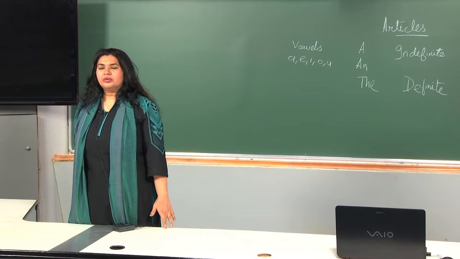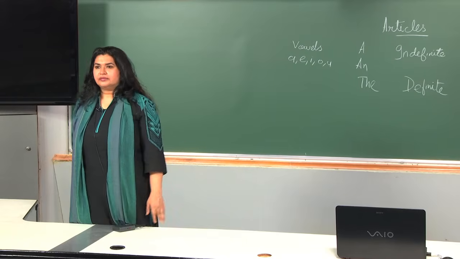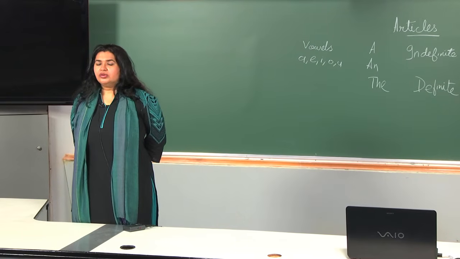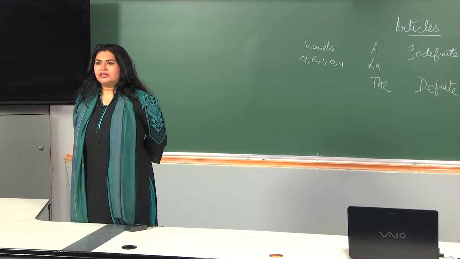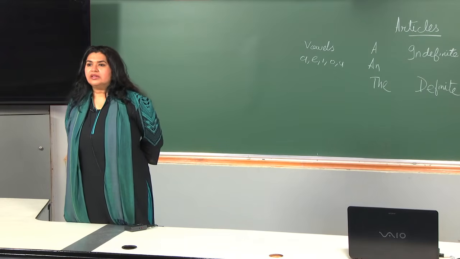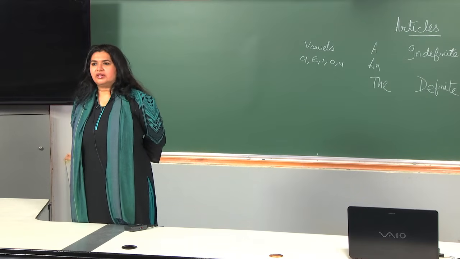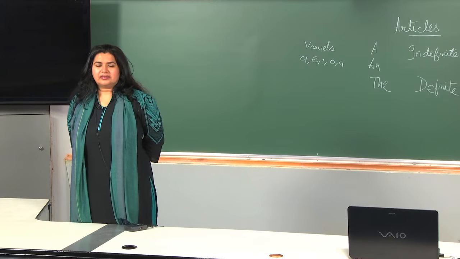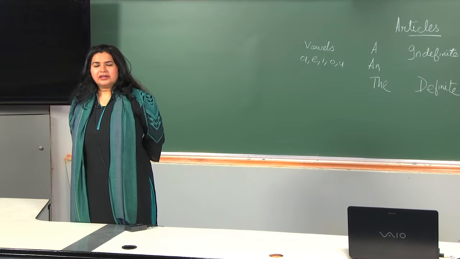So we do not use articles with these words. We also do not use articles with countable nouns in the plural when talking in general terms. So when I say I love maths, maths as a subject, it's uncountable. I do not say a maths or the maths.